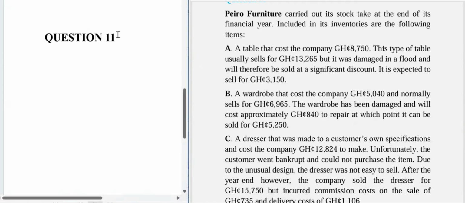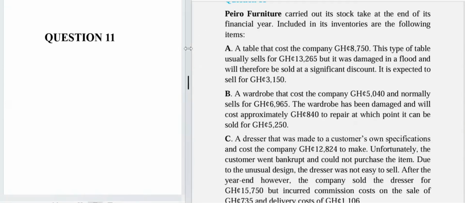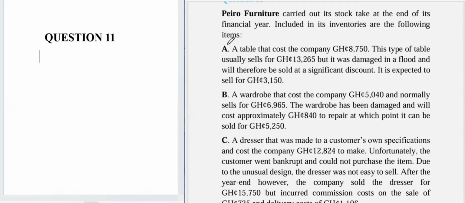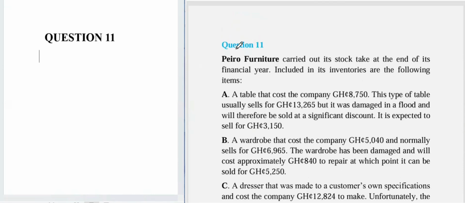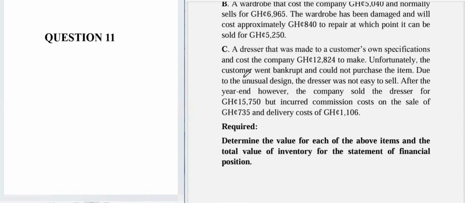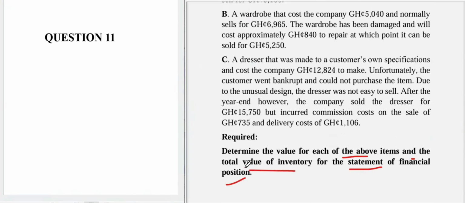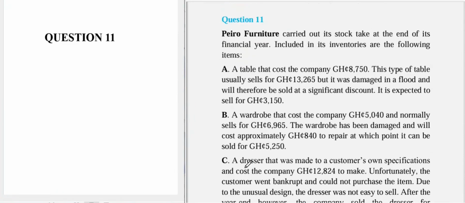Okay, so question 11. Question 11 says, so this is a question. Let's look at the requirement, the same thing. Determine the value for each of the above items and the total value of inventory for the statement of financial position. So these are questions. Let's take it one by one.